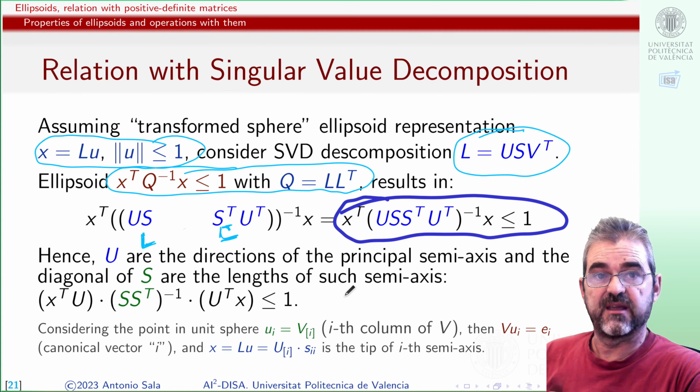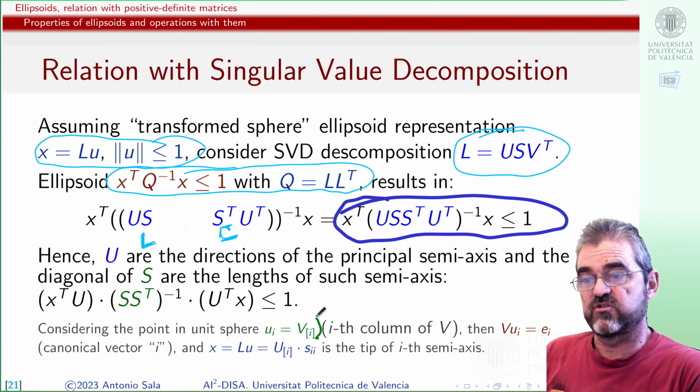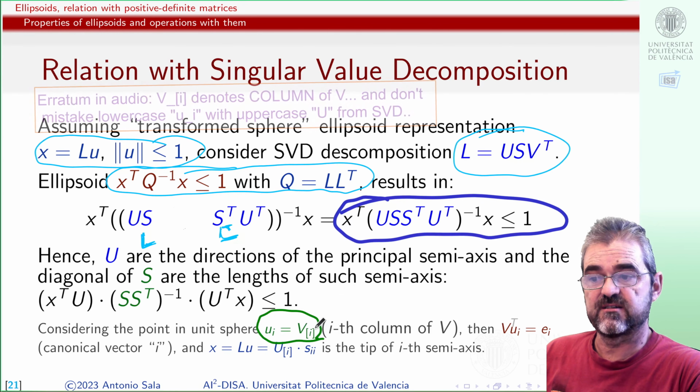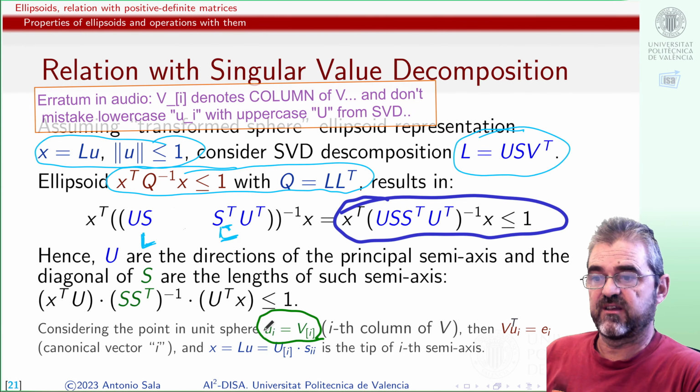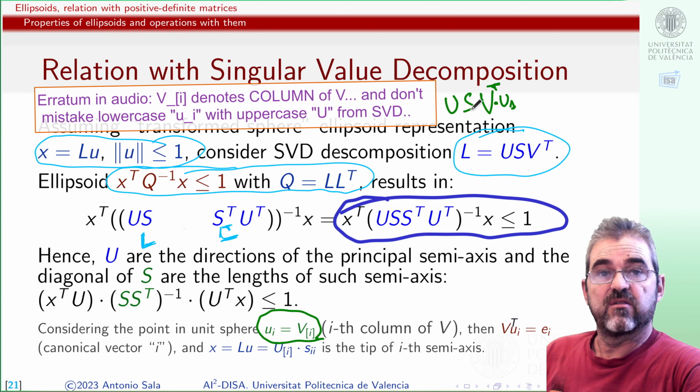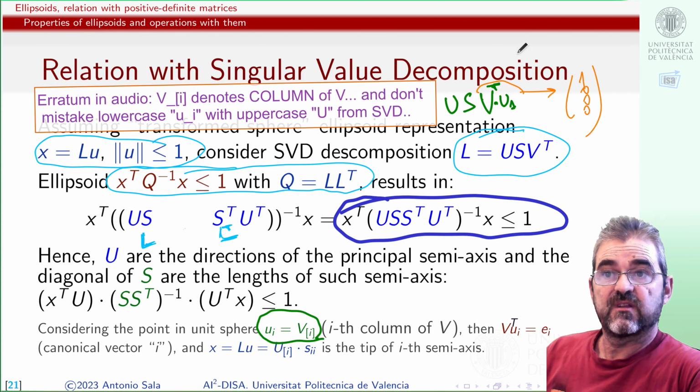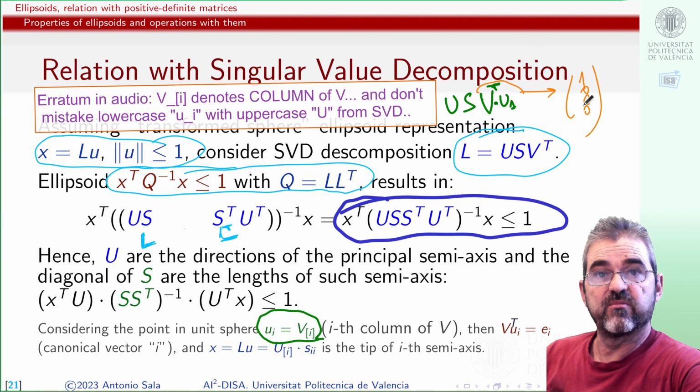And this is the main conclusion, and also the fact that if I choose the points in the sphere being the columns of V, then if I call that u_i, then V transposed times the first column of V will be 1, 0, 0, 0. If I use the second column, it will be 0, 1, 0, 0.